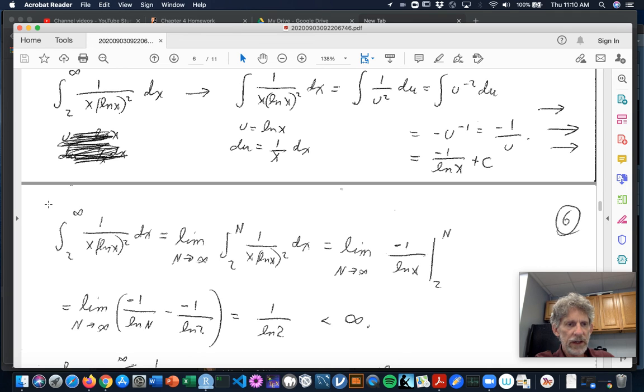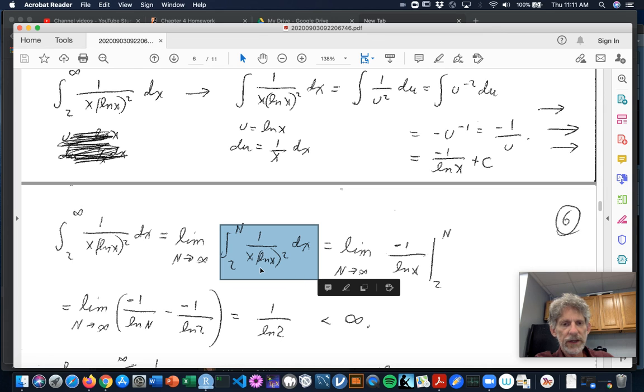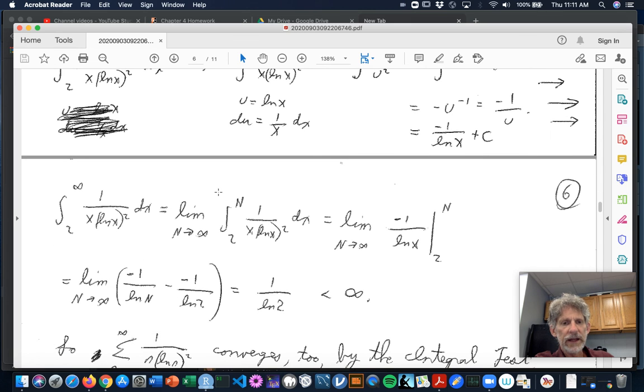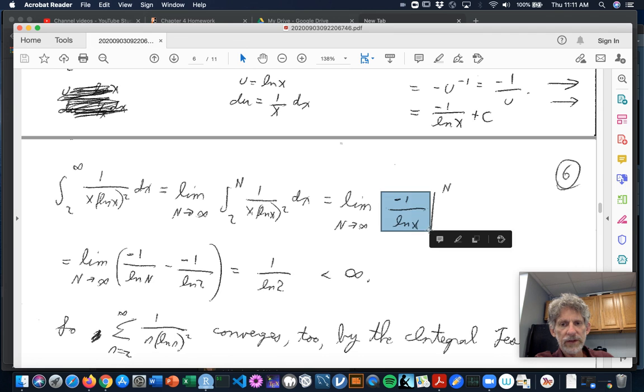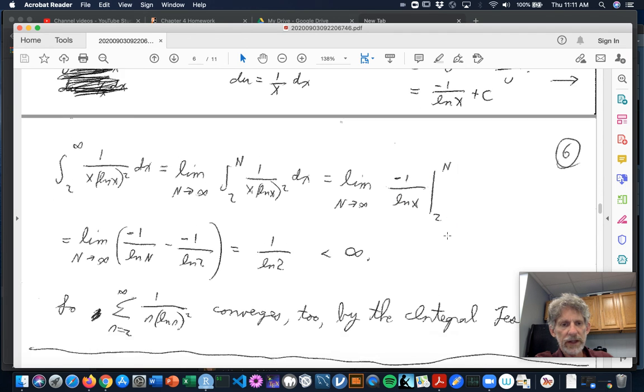So if I want the improper integral, I could just do the fundamental theorem of calculus. I could just do the integral from 2 to n, 1 over x log of x squared dx, take the limit of that as n goes to infinity, and get this with the fundamental theorem of calculus. So antiderivative evaluated between 2 and n.